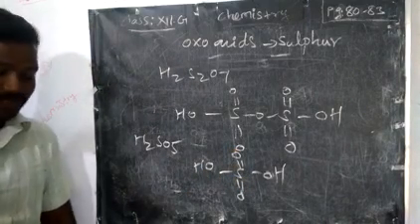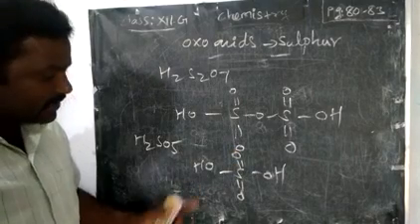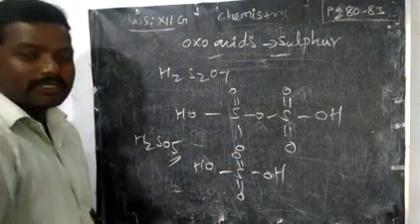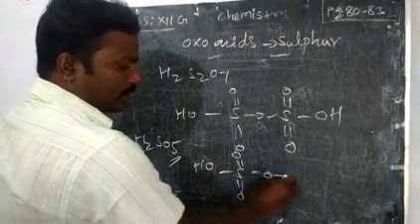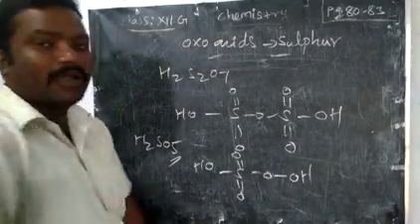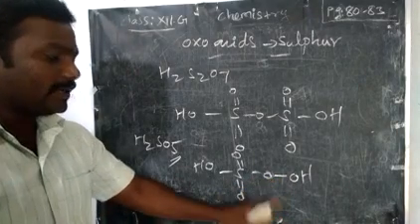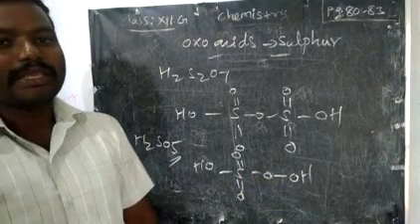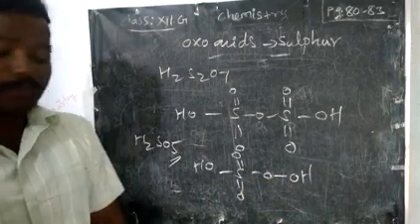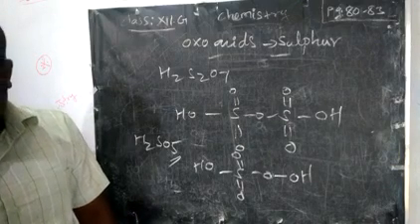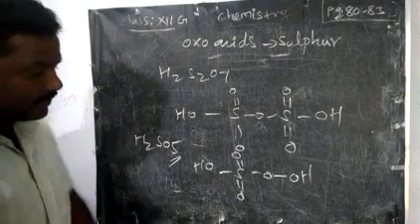This is the structure of H2SO4. In this structure, one more oxygen is there. You add this oxygen between the sulfur and the oxygen, in between. That gives H2SO5. And then H2S2O8.